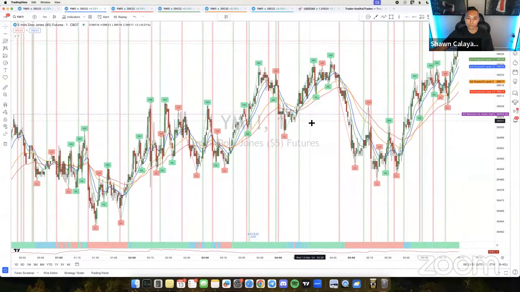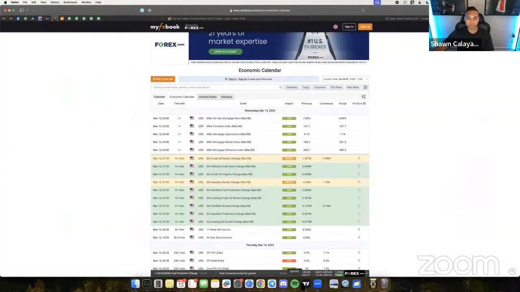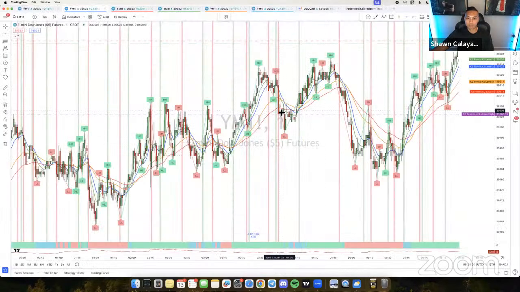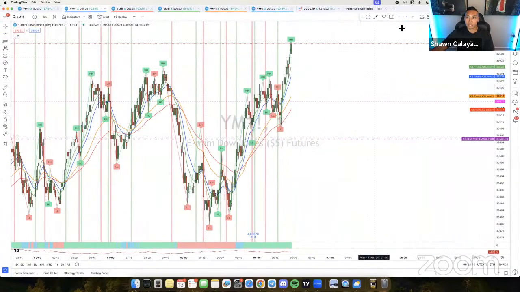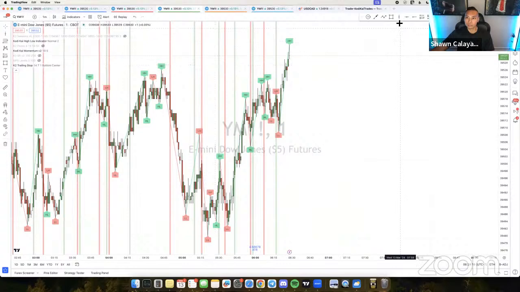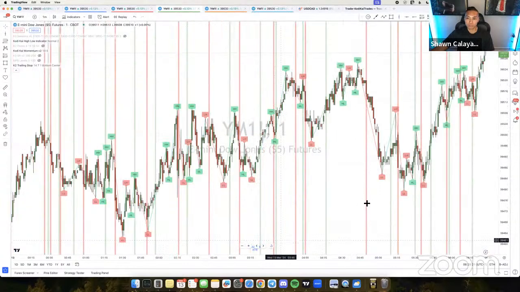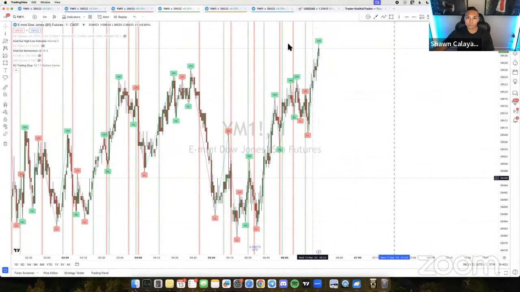We had news at 4 o'clock, which was this big red candle, and then we have news at 7:30, and that's pretty much it. It's just oil news, so I don't think it's going to be too impactful. We'll see what happens when the market opens.